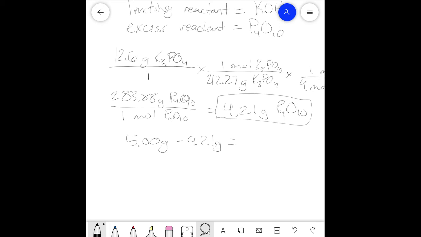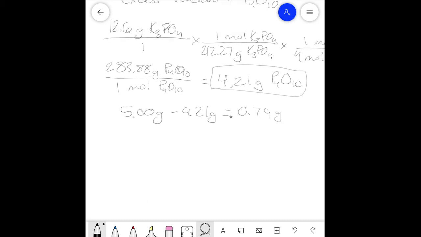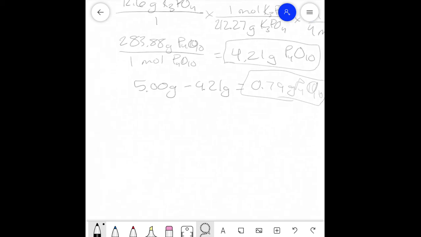And then that would give you however many, what is it? 0.79, something like that. I don't have a calculator in front of me. But if it asks for how much is left over, that would be, assuming I did the math right, the answer.